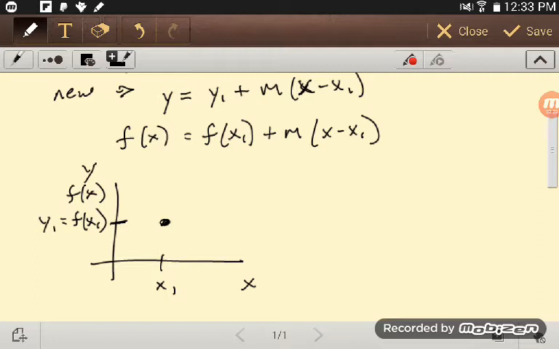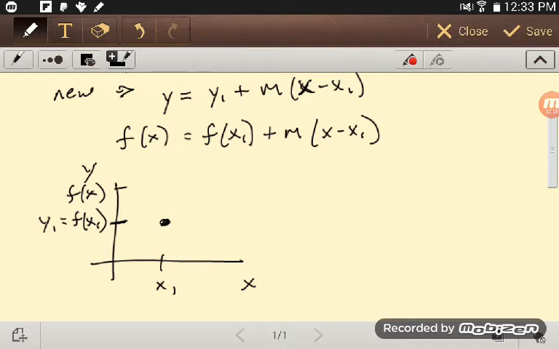And it says that if I want the value of f of x at any other x value, all I have to do is start here and then use, notice this is a change in x or y sort of thing. This is looking like m times delta x.